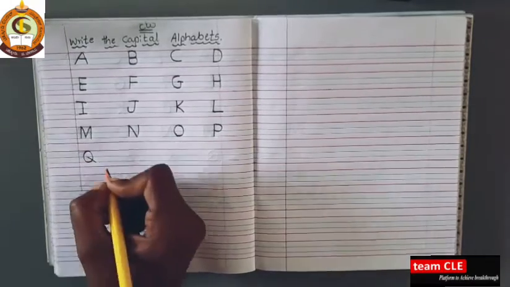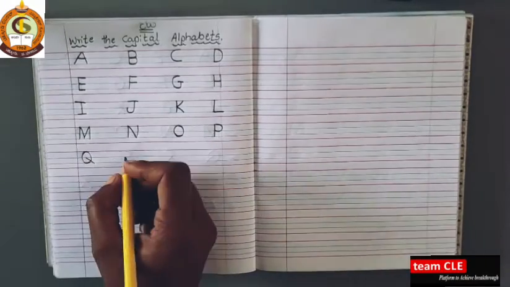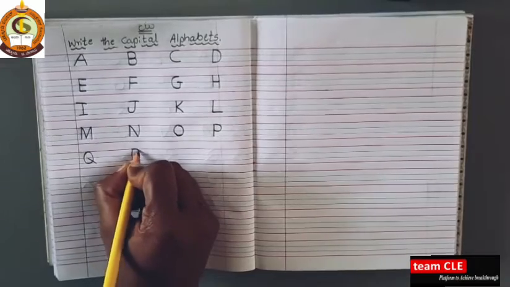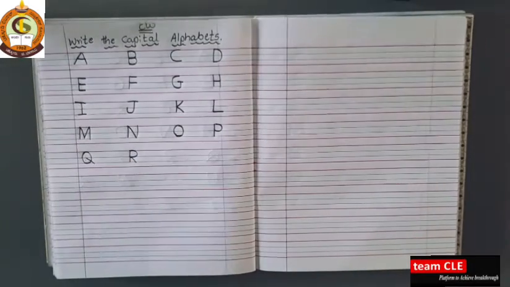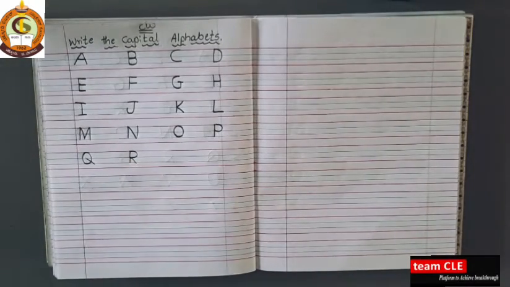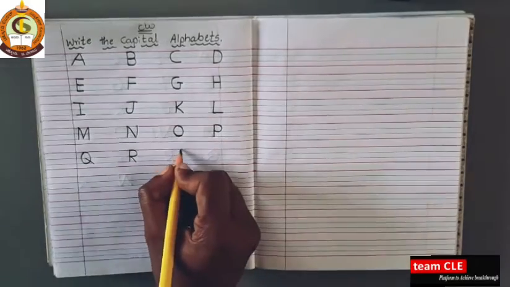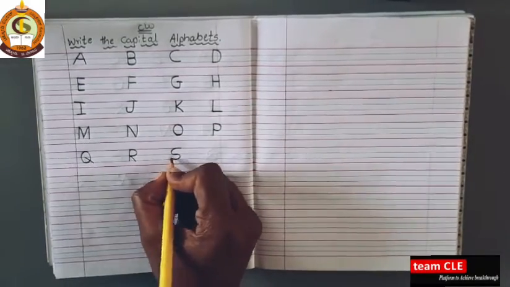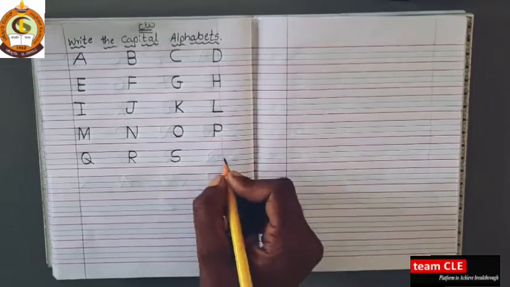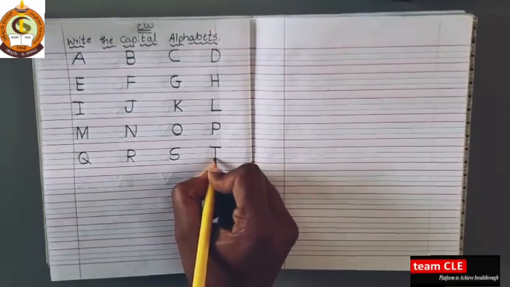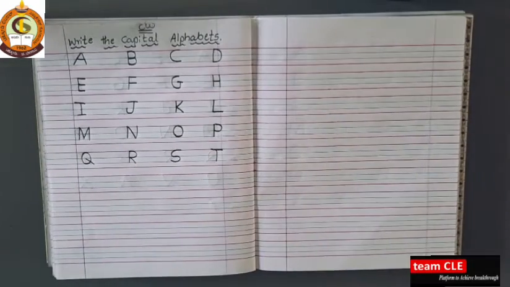Q. Q for queen. R. R for rabbit. S. S for sheep. T. T for tiger.